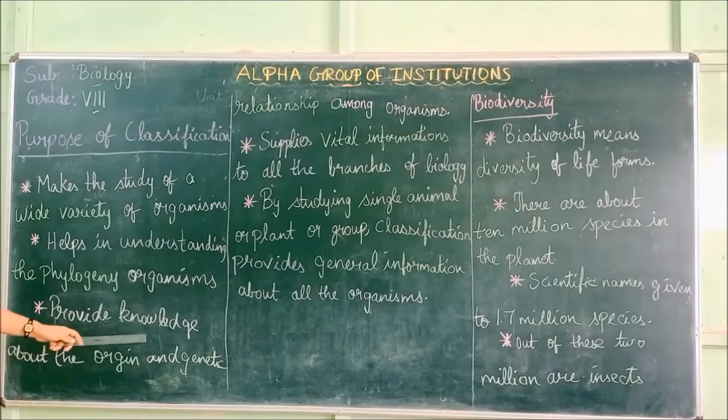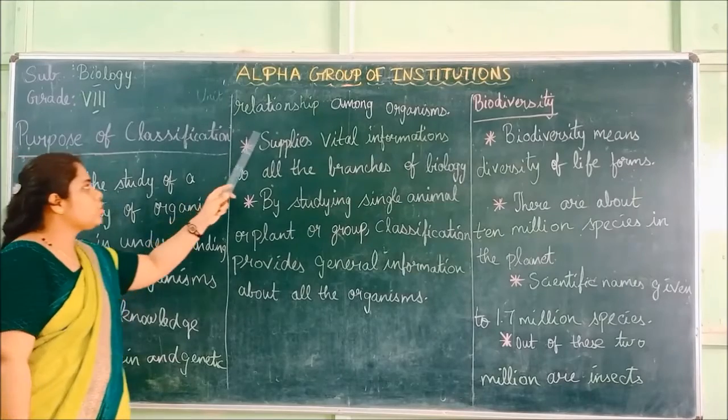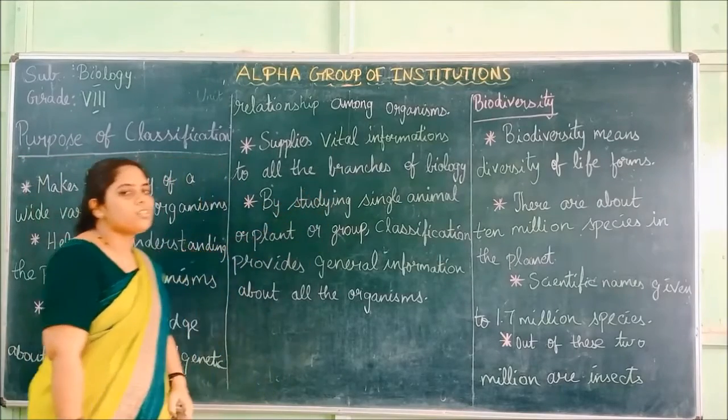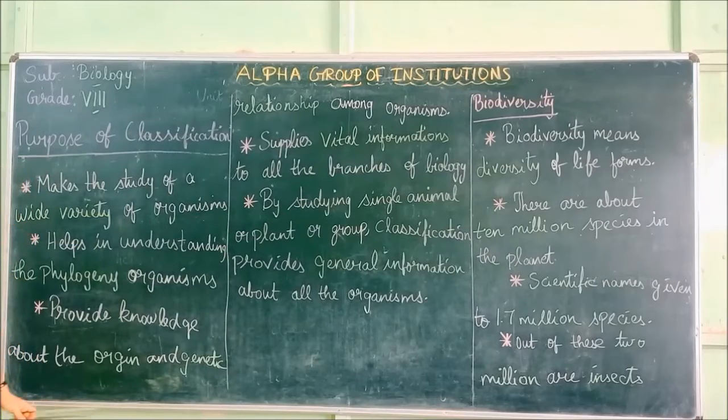It provides knowledge about the origin and genetic relationship among organisms. So classification gives knowledge on the origin, how the organism first originated, and what the genetic relationships are.